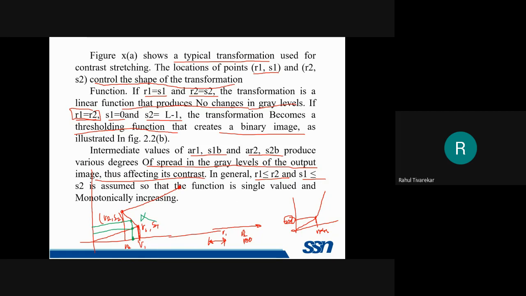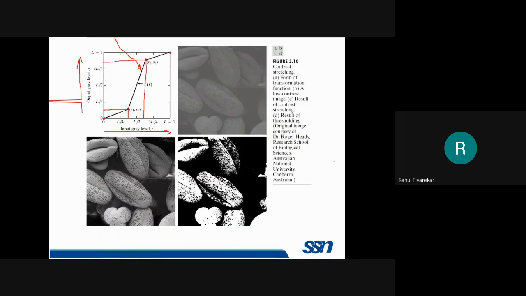And to avoid that, we must have R1 less than or equal to R2 and S1 less than or equal to S2. Then only we will have a single valued function, and each intensity in the input will be mapped to a unique intensity in the output. Otherwise this kind of problem will happen, and hence the resulting image will be completely wrong, and hence you have to choose values of R1 and R2 and S1 and S2 carefully before doing the contrast stretching.